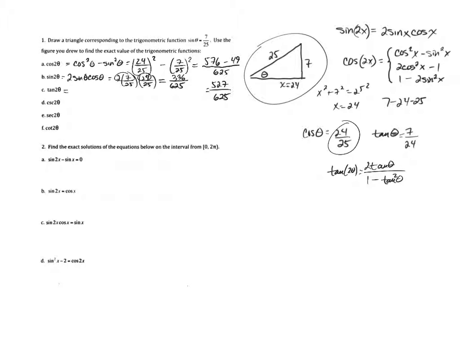So we have twice as much as the tangent of theta, which is twice as much as 7 24ths, over 1 minus the tangent squared, which is 7 24ths squared, which is 49 576ths. So we have 14 24ths over 1 minus 49 576ths.